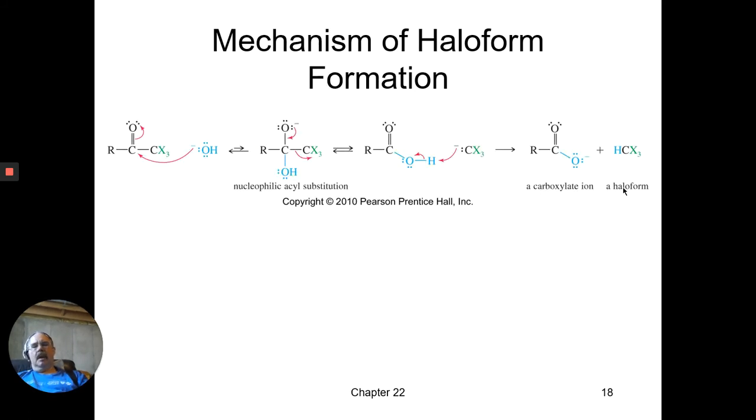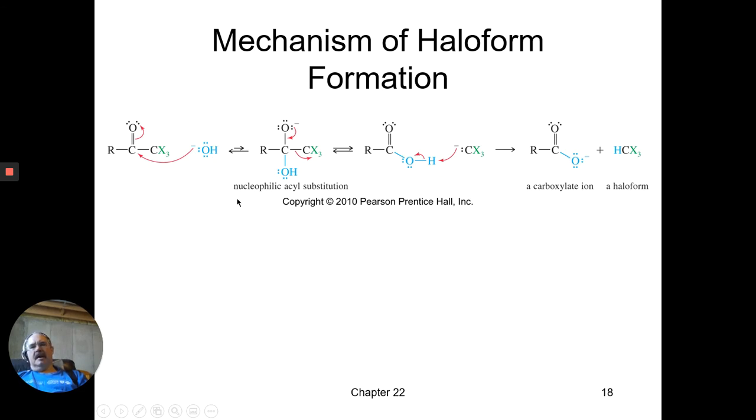Okay, so here's the mechanism. The carbon with these three halogens on it is now significantly electron withdrawing, so that makes this carbon more electrophilic.